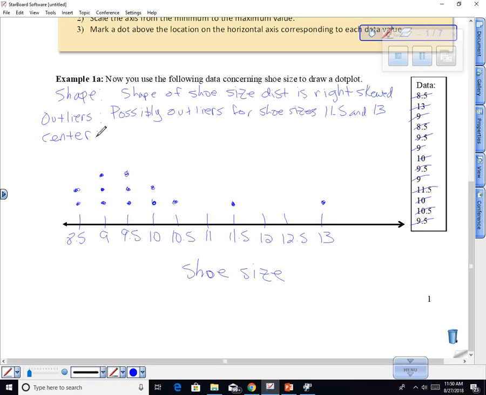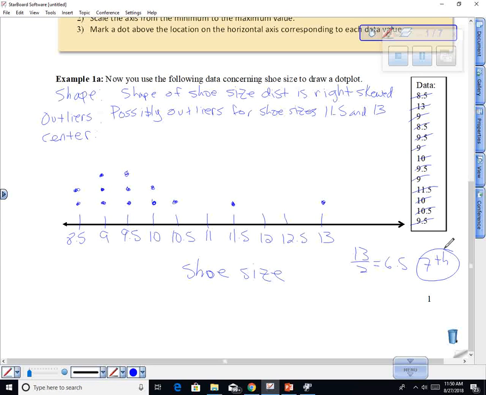There's 13 points here. If I divide 13 by 2, I'll get 6.5. If I round that up, that tells me the dot in the 7th position is my middle, because there would be 6 dots to the left and 6 dots to the right of that point.